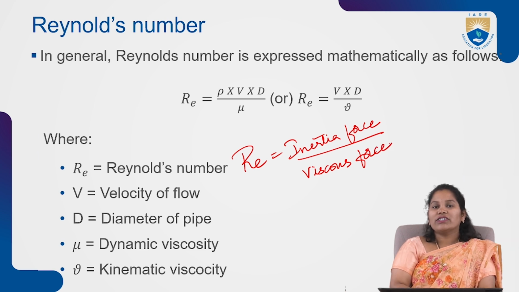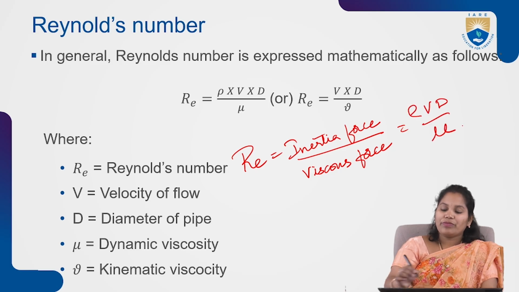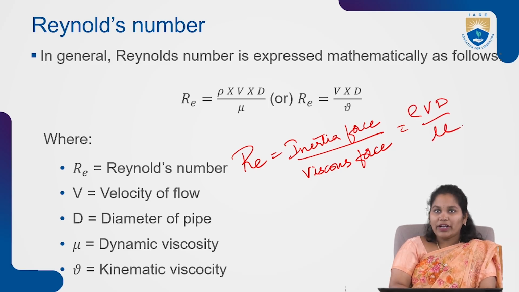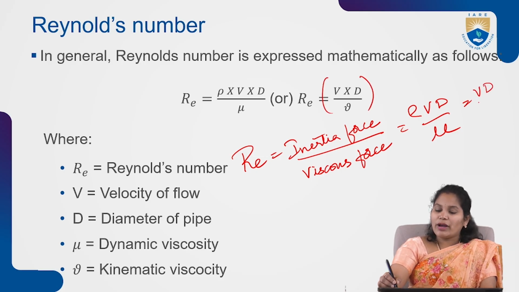This is denoted by rho V d by mu. Rho V d by mu, right? And you are also seeing another equation, that is V d by nu. This is kinematic viscosity, and this mu is dynamic viscosity.